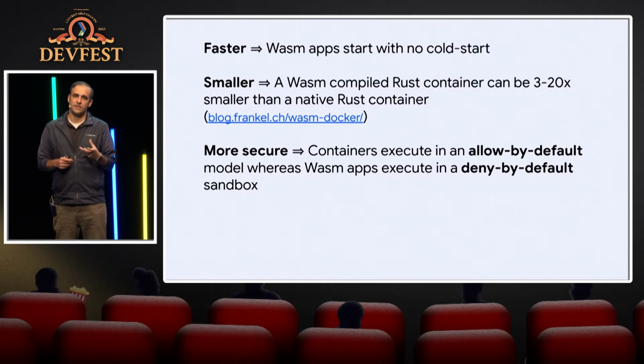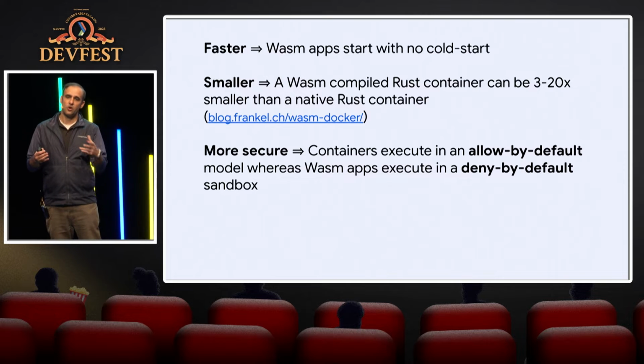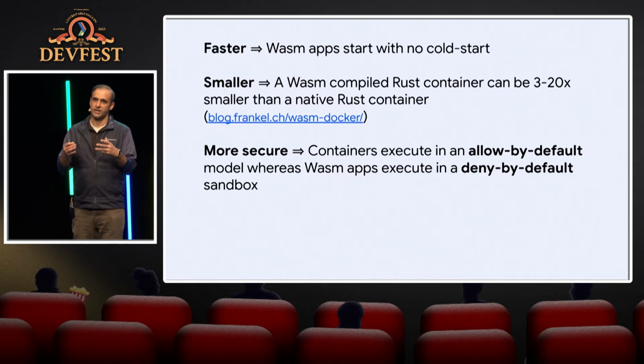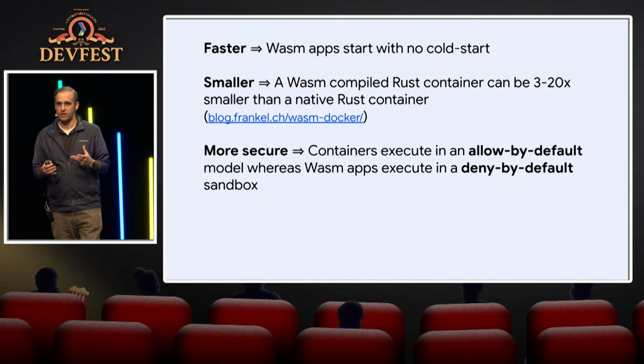More secure. Containers tend to have an allow-by-default policy, meaning everything is allowed by default, and you need to go to your container and harden it and make it more secure. It makes me really nervous because I know how to build containers, but I'm not a security expert, so it always makes me question, did I harden things enough to make it secure? Whereas in Wasm, everything is denied by default.